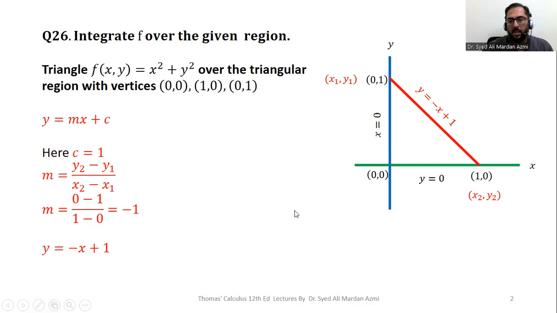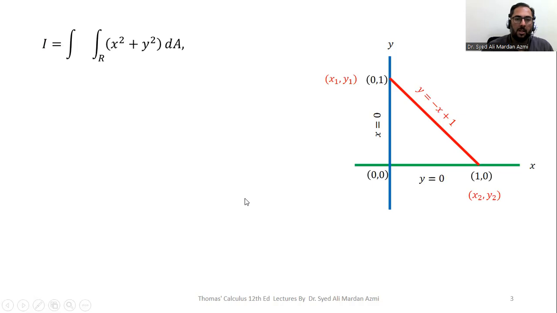In the next step, we will develop an integral for x squared plus y squared over this triangular region. We know that in order to integrate the given function f of x y is equal to x squared plus y squared, we can write it in generic form as a double integral over the region R dA, where dA stands for this small area of this region.